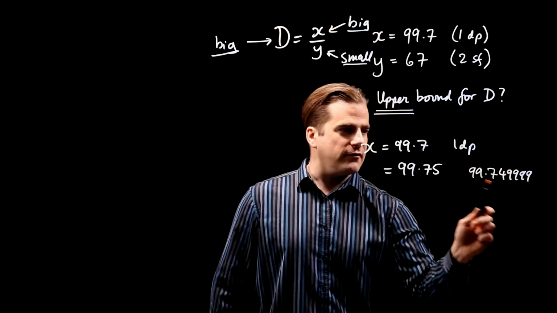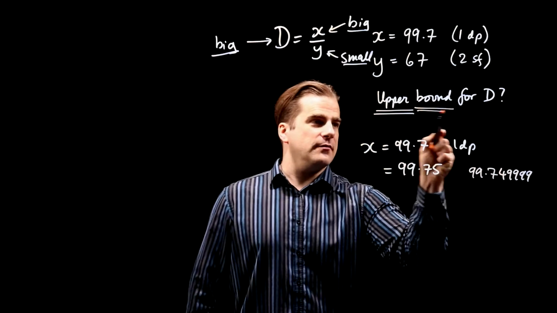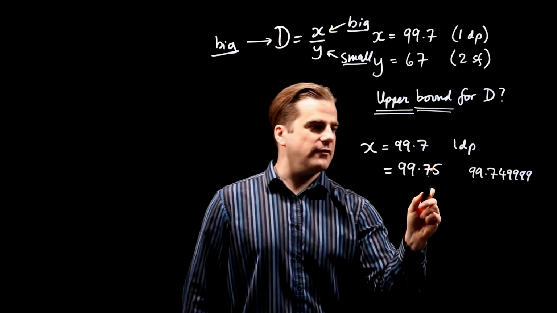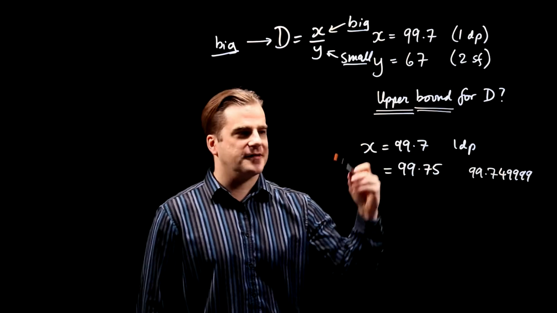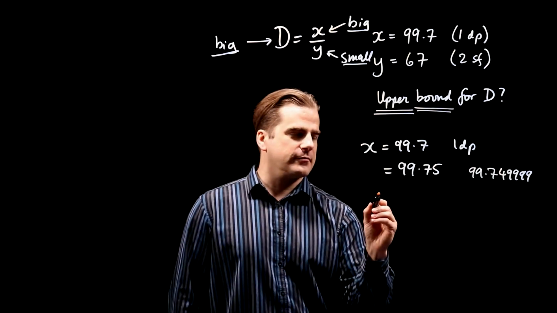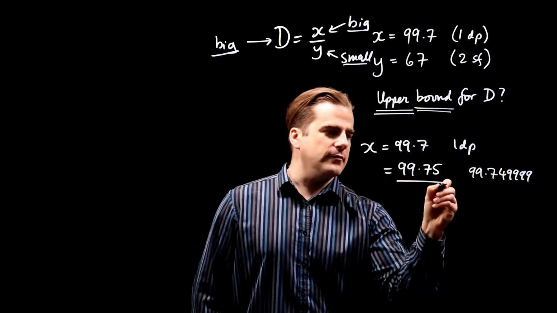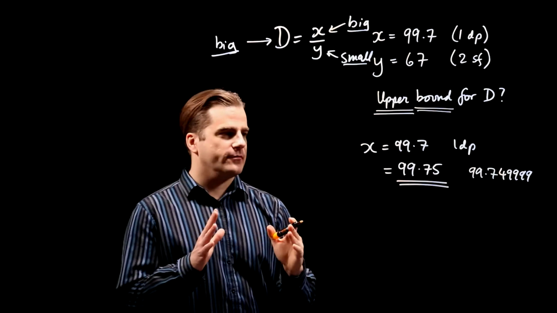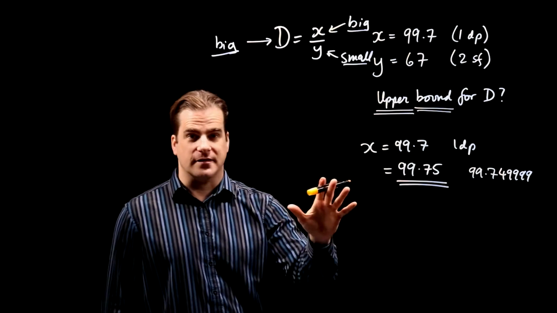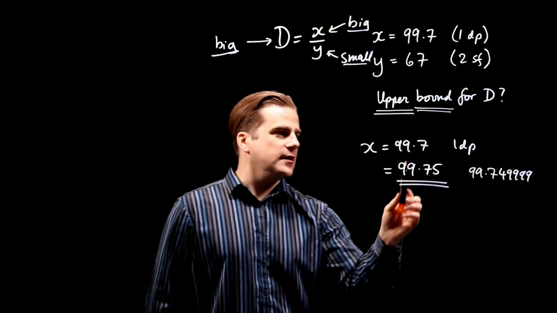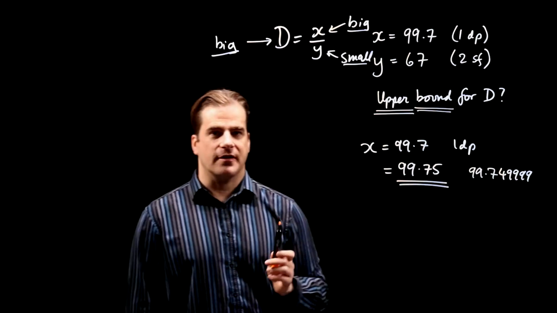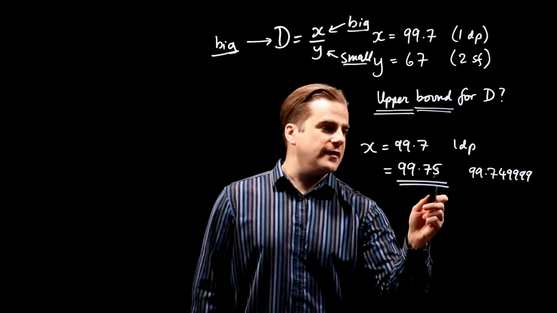But we're not going to work with that value. This is a bound, okay? You don't give that value, you give the one slightly above it. Am I making sense? Look, just do this and you get full marks, okay? Use the value 99.75. Okay, that's the upper bound.